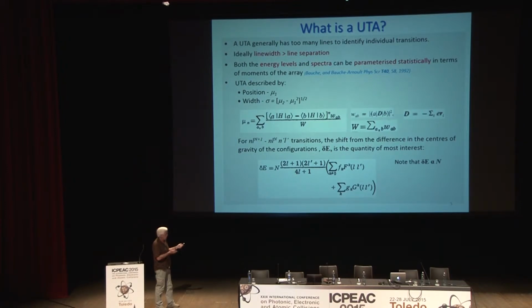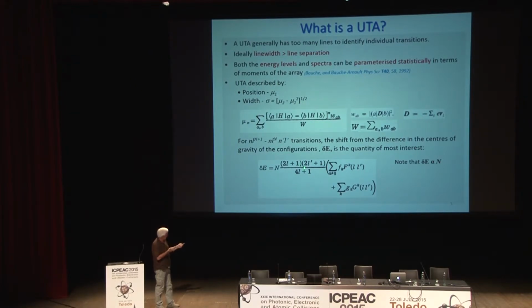lower energy or longer wavelength, but it's also determined by a summation over Slater-Condon factors, which typically move to higher energy. This goes to higher energy as the degree of ionization increases.